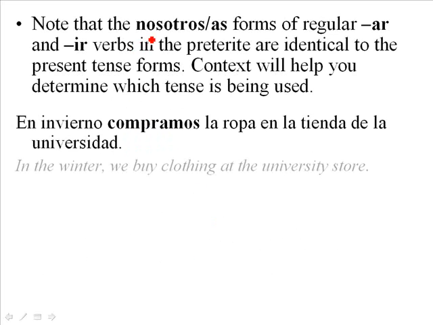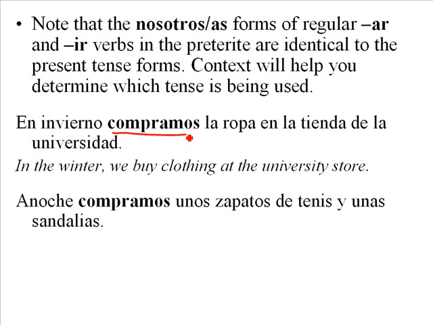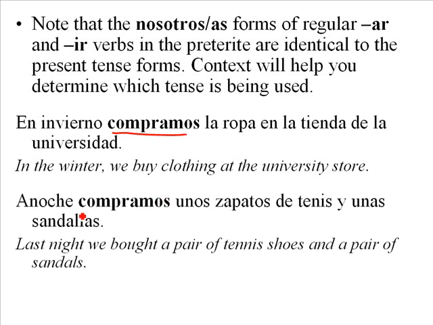Okay, how would you know in the nosotros form in AR and IR if it's preterite or present? It's conjugated the same. For example, en invierno compramos la ropa en la tienda de la universidad. Or, anoche compramos unos zapatos de tenis y unas sandalias.